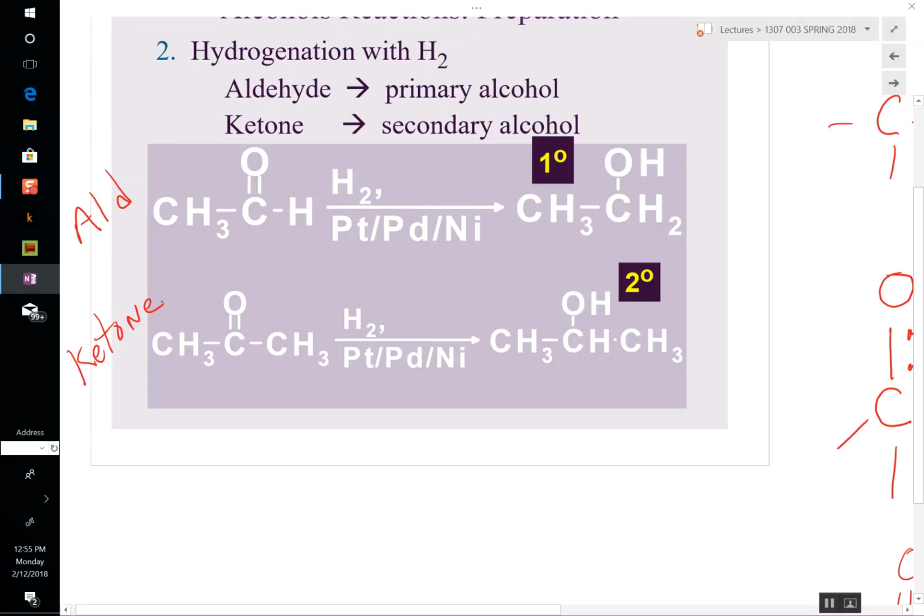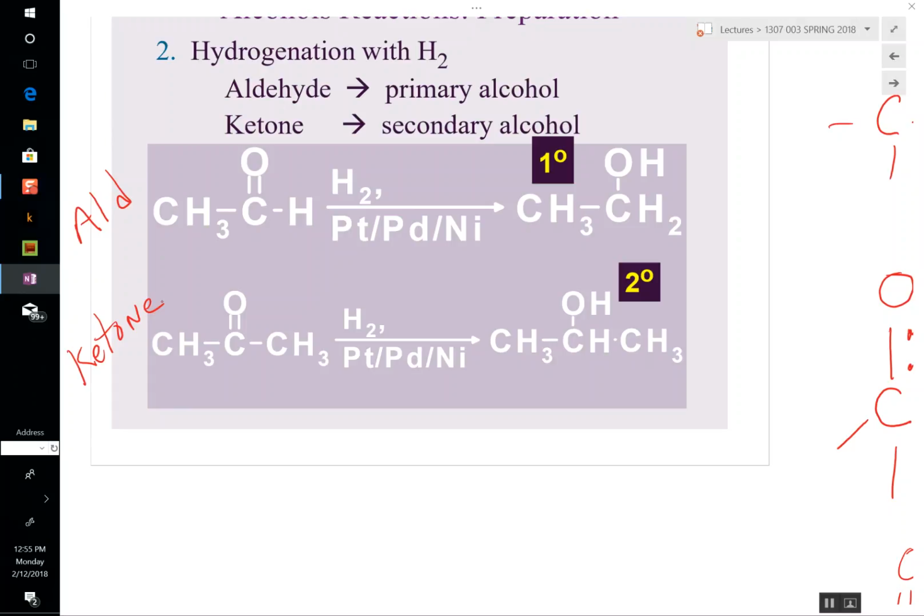Well, the aldehyde has the carbon-oxygen double bond on the end. You can see a hydrogen there with it. There's only one carbon, so it's always on the end. Carbon-oxygen double bond on the end, aldehyde. Here it is smack dab in the middle of the molecule, but anywhere along the chain, if it's not on the end, it's a ketone. Okay? So there are only two kinds of carbon-oxygen double bonds. Aldehyde bonds on the end and ketone not on the end.